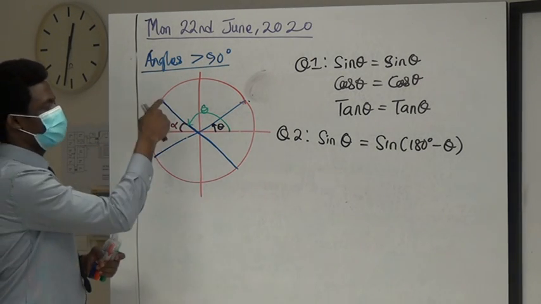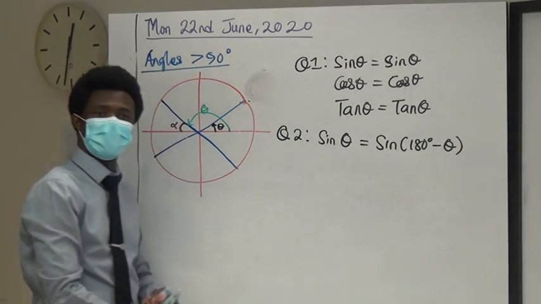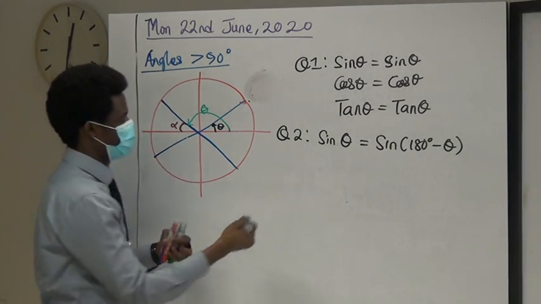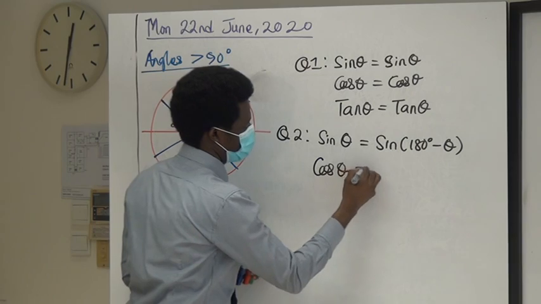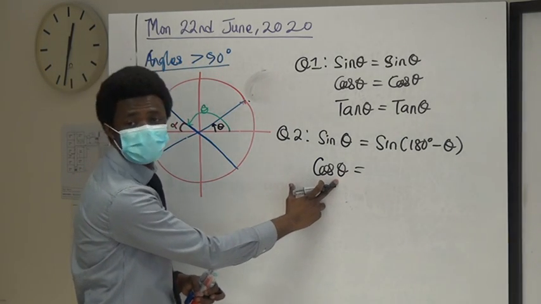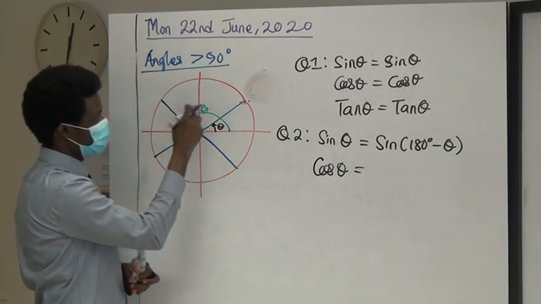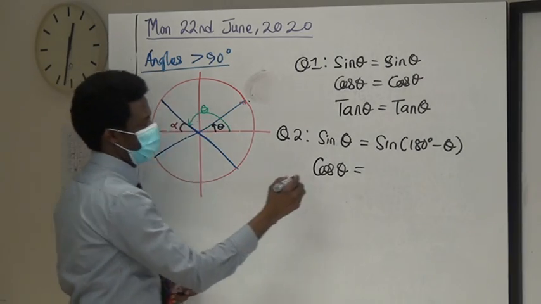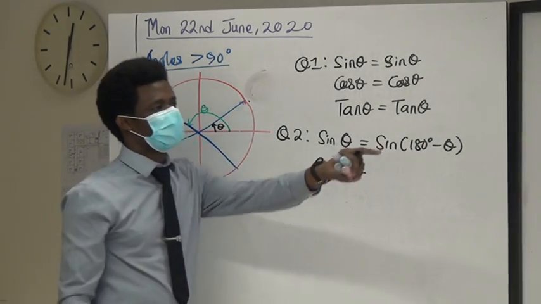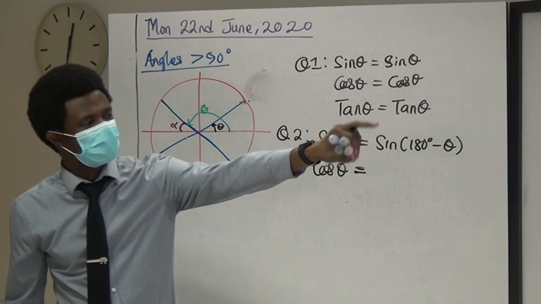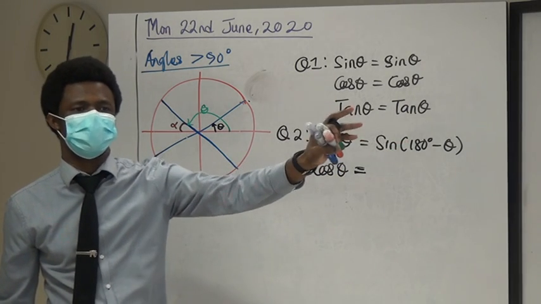And because my sine is positive here, I don't have an issue. Just watch this. This angle theta is acute. Sorry, it's not acute. It's this angle.